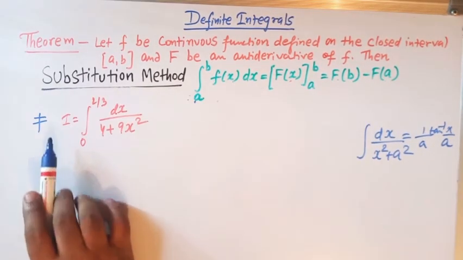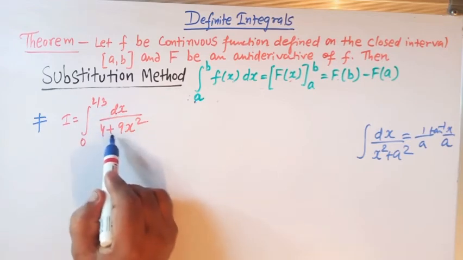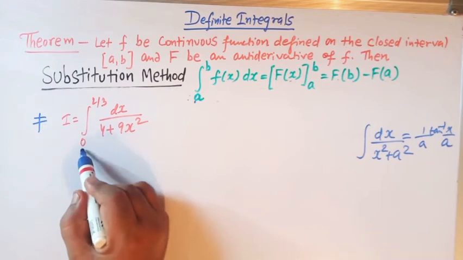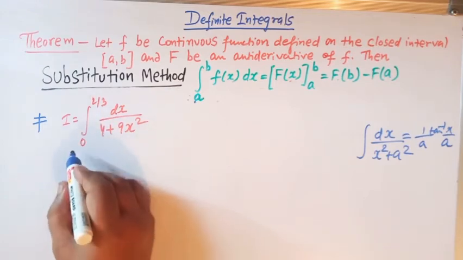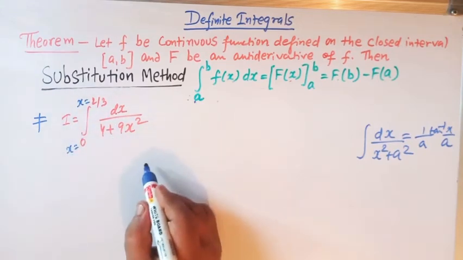Now viewers, let us take this problem. Here we have to integrate 1 over 4 plus 9x square, and the lower limit is 0 and the upper limit is 2 by 3. So here x varies from 0 to 2 by 3.